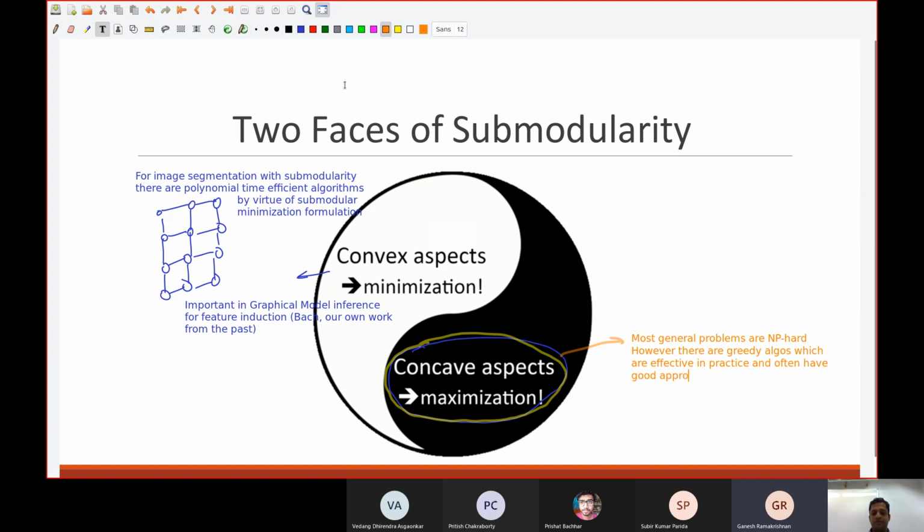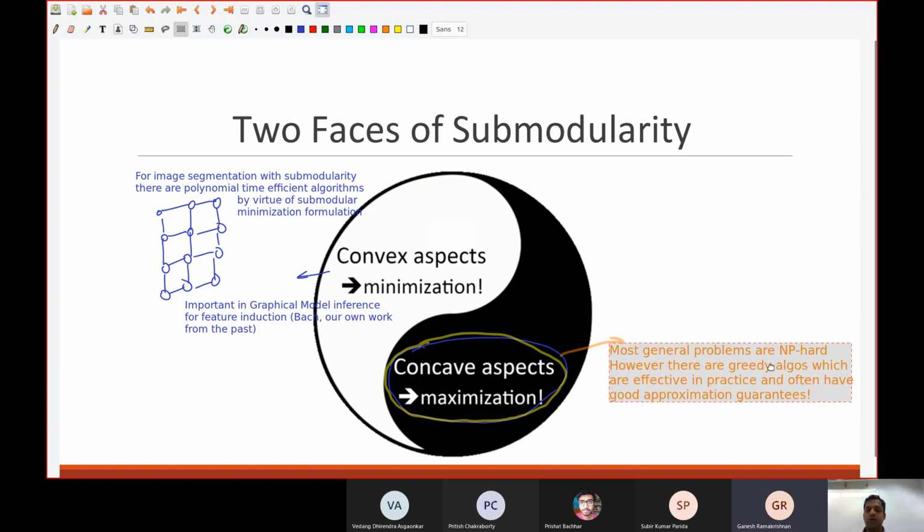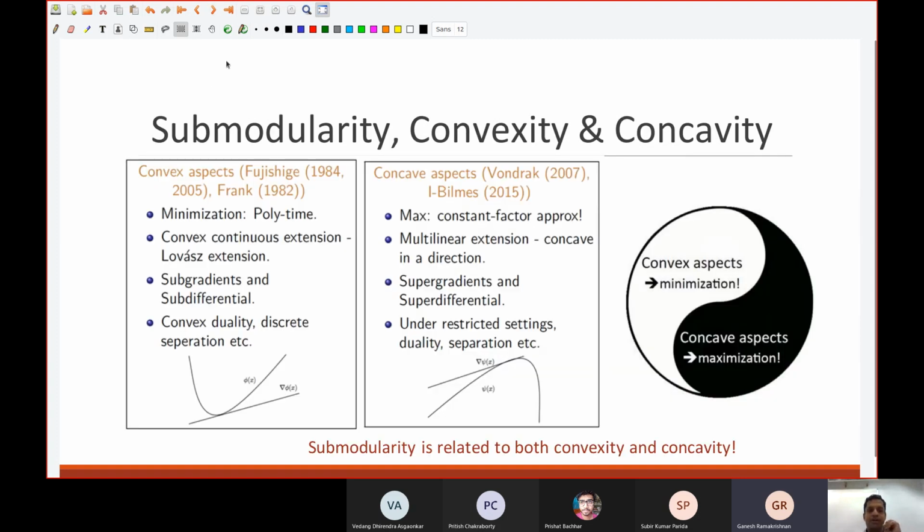I'll talk about what that means. So that's one reason we are able to do something useful with concave functions. I mean, actually lots of useful problems we can solve, because the algorithms are efficient, they're not a bottleneck. And the algorithms are not only effective in practice, they also have some good approximation guarantees.